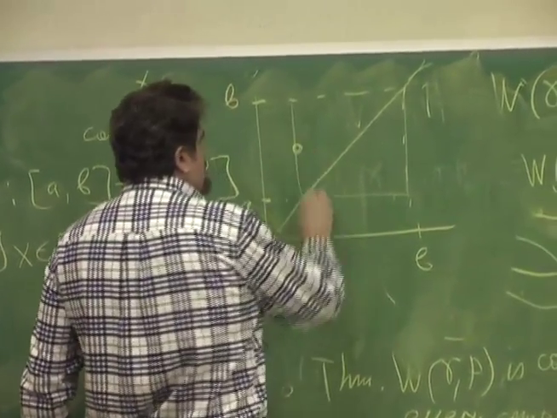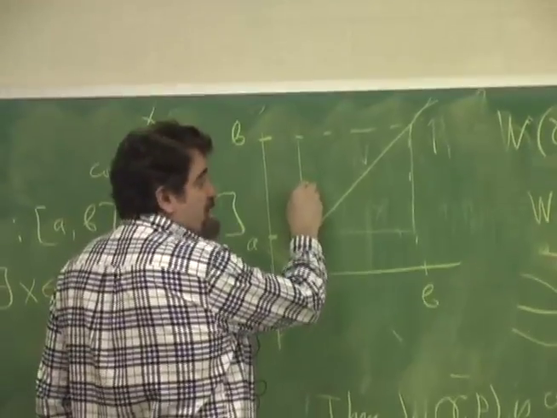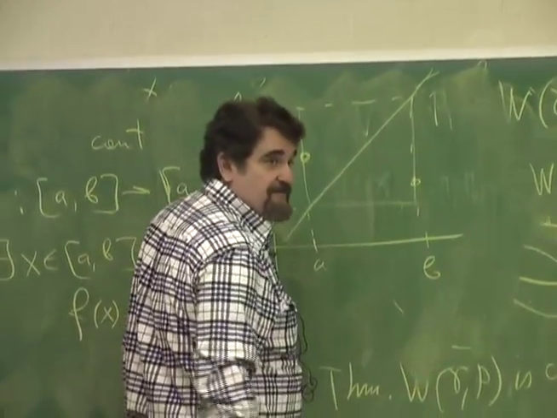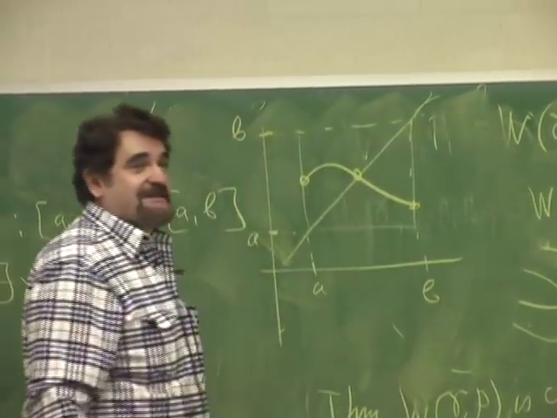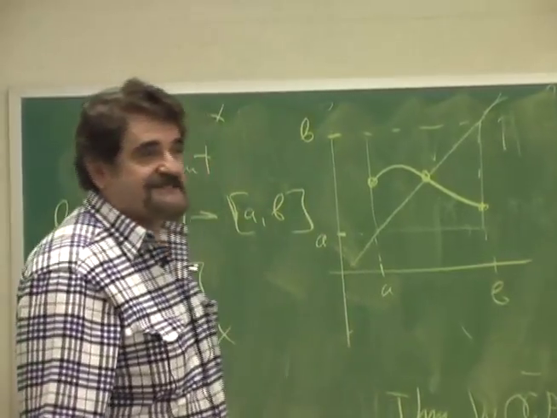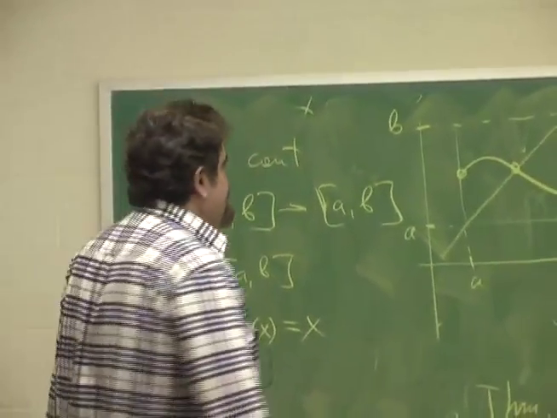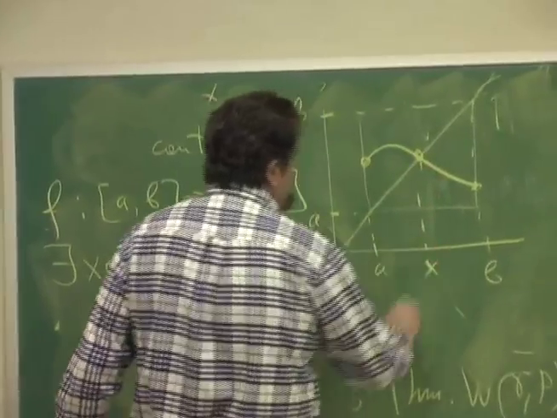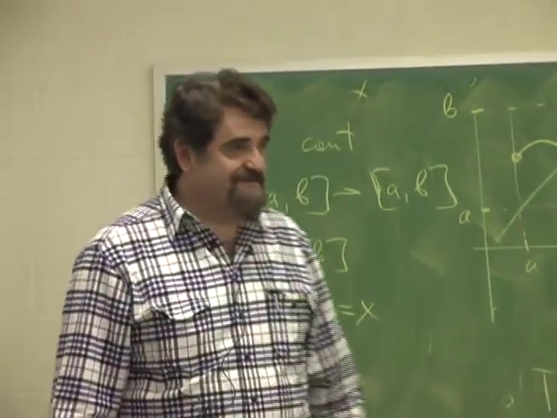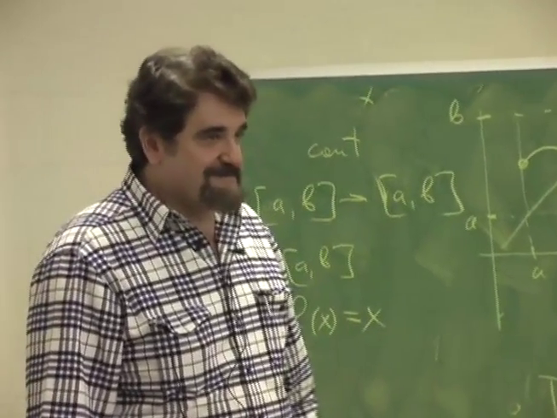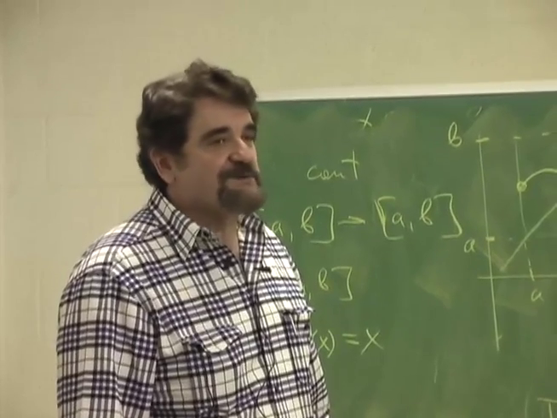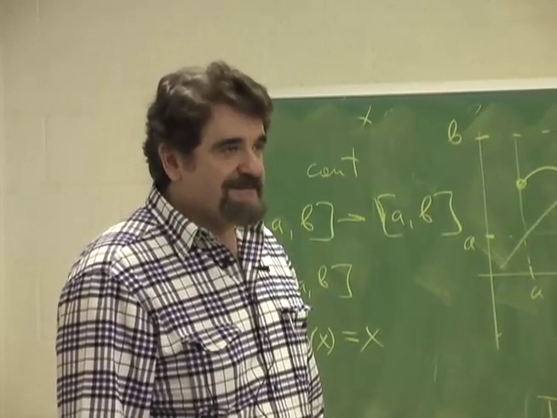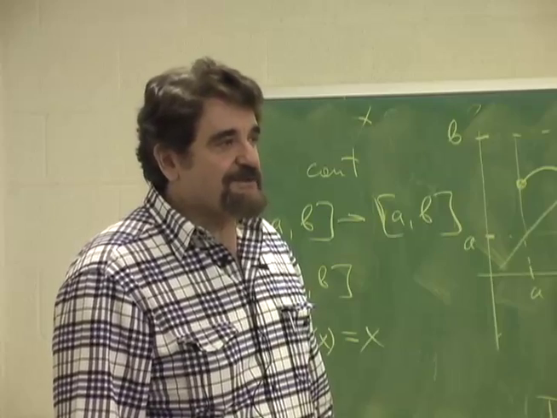It starts on this line, f of a is something, and finishes on this line, f of b is something. And then it has to intersect the diagonal, and this is exactly x. This is x. Actually, it is possible to prove it in any dimension. Okay, and this is called the Brouwer theorem.